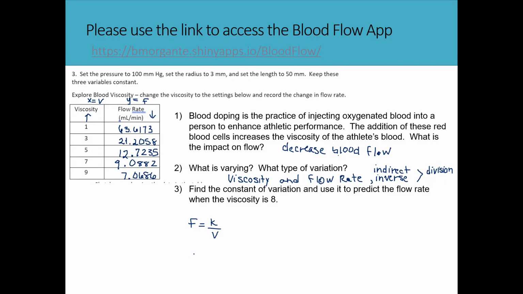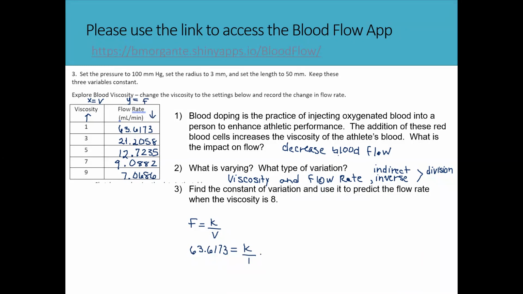It says find the constant of variation. So in order to do that, I need to pick an ordered pair to put into this formula. I can pick any ordered pair from my chart of data, I'm going to pick the first one because typically the math is easier. So the flow rate is 63.6173. I don't know the constant, and the viscosity here is 1.